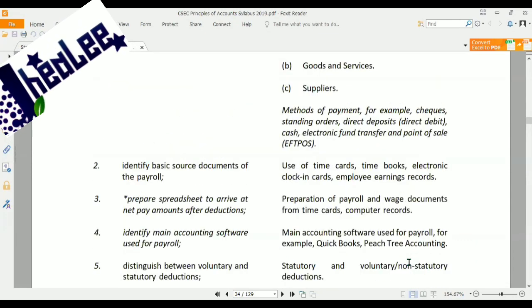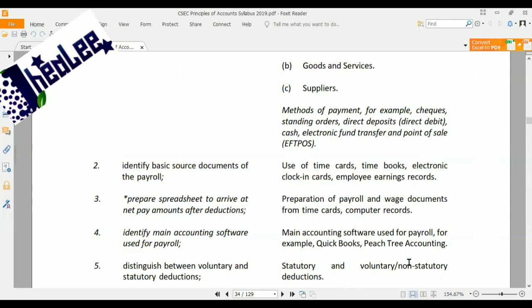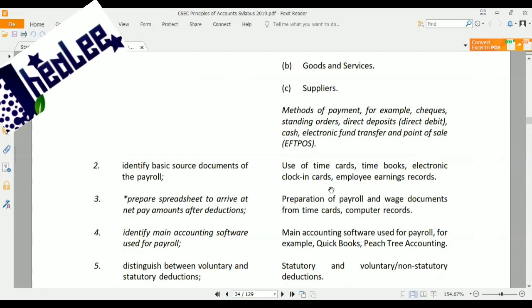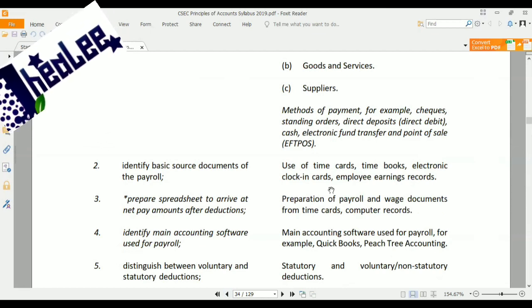You're making bill payments online for your parents or probably for yourself, right? Identify 2 basic source documents of the payroll. So you know, payroll is basically a calculation of the employees' wages or salaries for a particular period.